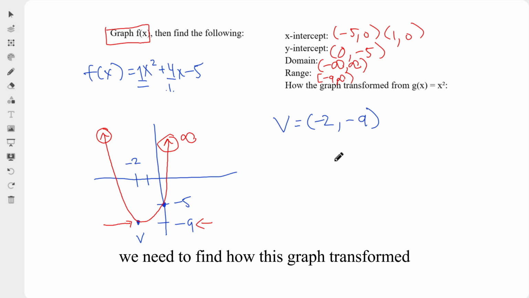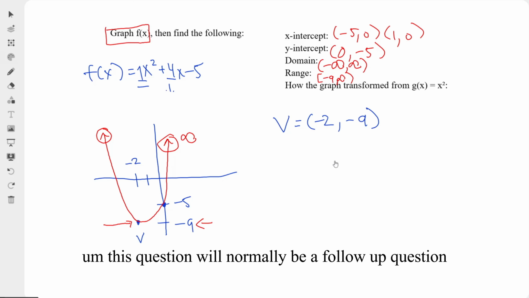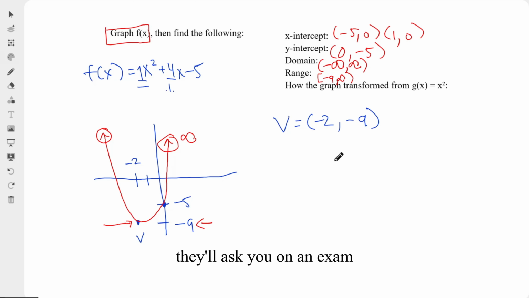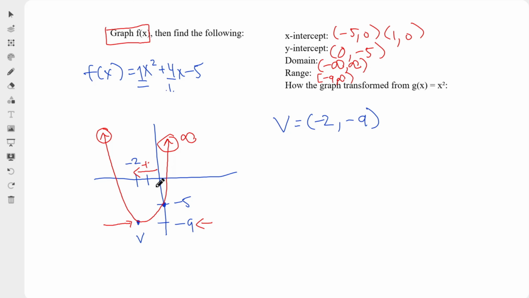Now we need to find how this graph transformed from the original parent function, g of x equaling x squared. So how is this function transformed? This question will normally be a follow-up question they'll ask you on an exam. So if we look at our graph, we can see that it moved over to the left by 2, and we moved down by 9.